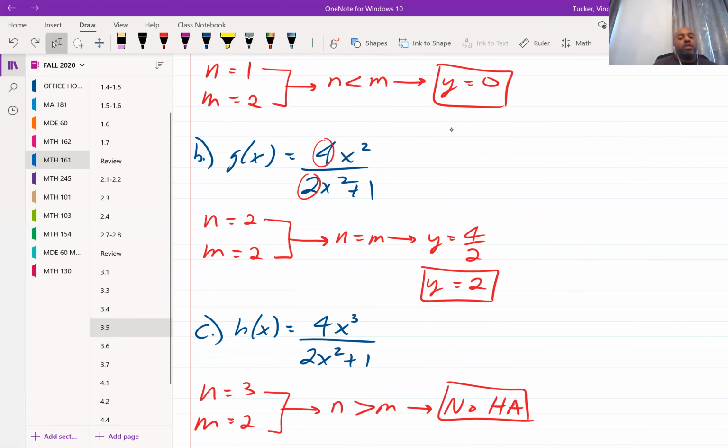And then the last one, 3 is greater than 2 for our exponents. If your numerator's exponent is greater than your denominator's exponent, then there is no horizontal asymptote. Questions? Everybody good, everybody straight?